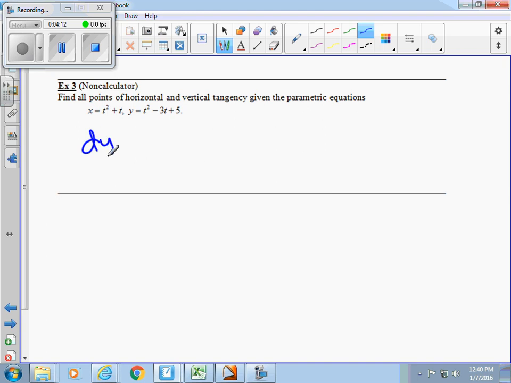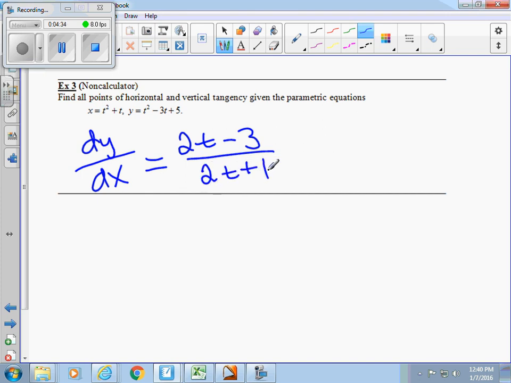I need to find dy/dx. Step 1, anytime I'm talking about tangent lines, probably a good idea to start with dy/dx in any format, right? So dy/dx would be 2t minus 3 over 2t plus 1.